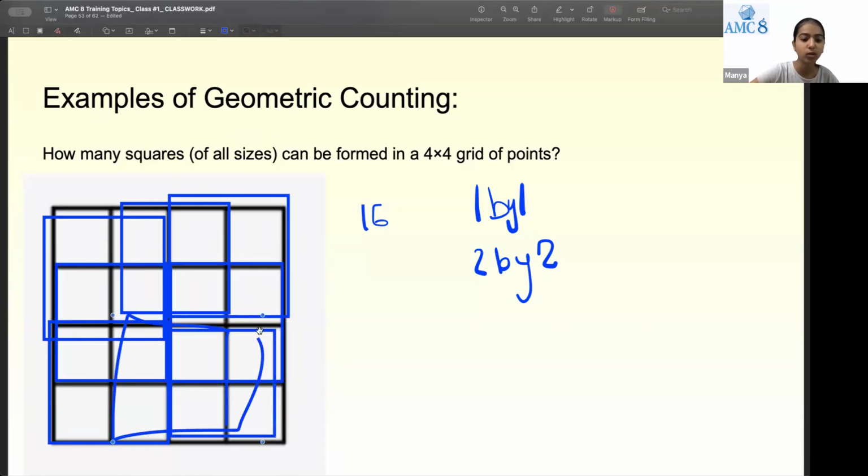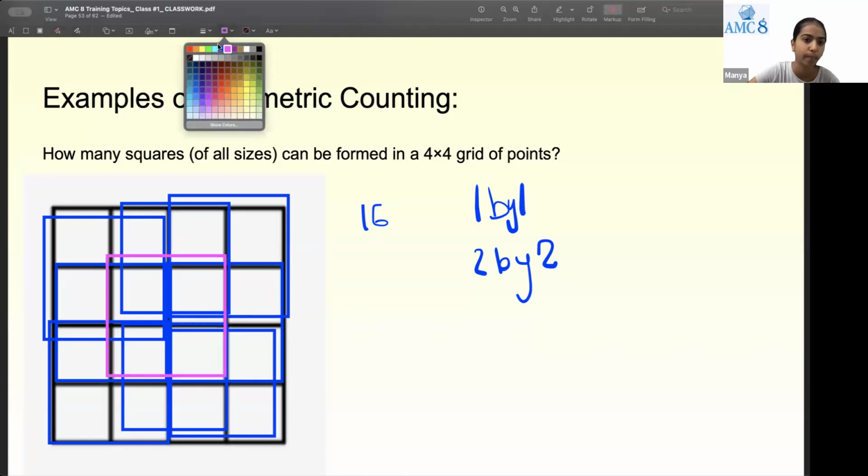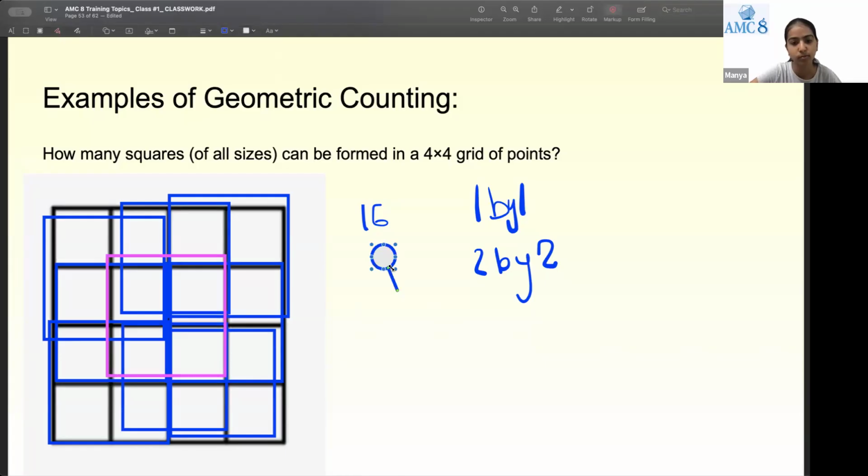And there's also a ninth one right in the middle, just the very center here. So I'll just highlight it using pink here. So there's also a ninth one right over here. So there's 9 2 by 2s.